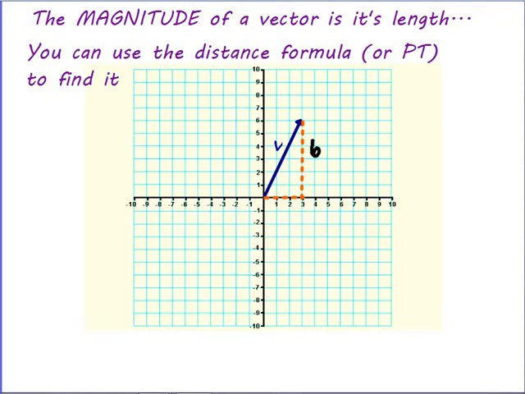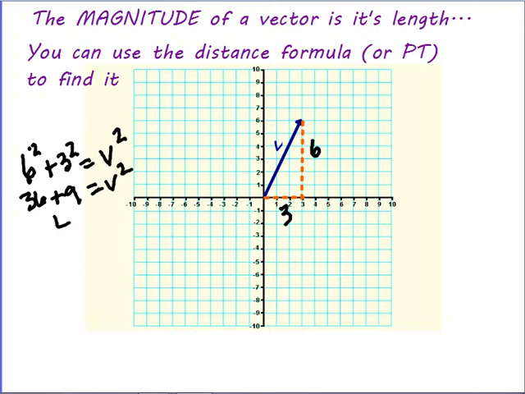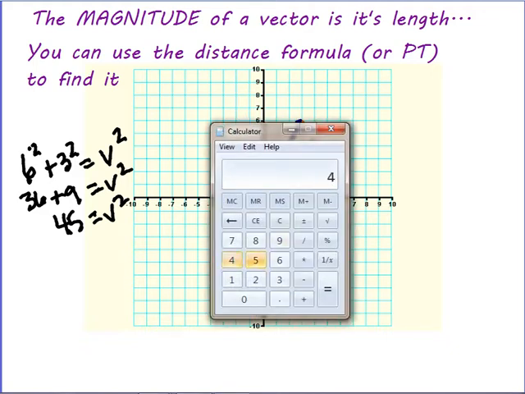So I have leg lengths of 6 and 3. So I know that 6 squared plus 3 squared is equal to v squared. That gives me 36 plus 9, which means that 45 is equal to v squared. So I need to bring up the calculator and find the square root of 45.